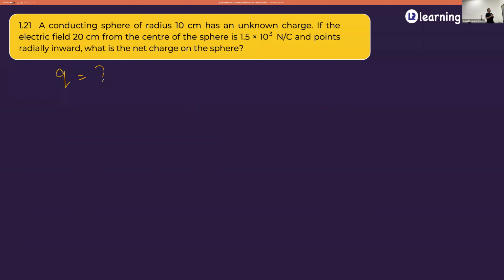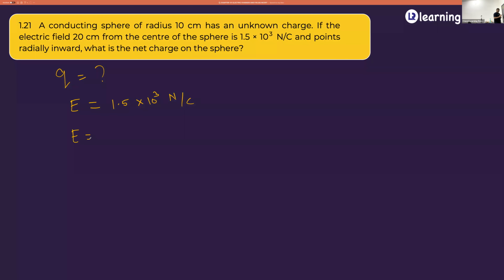If the electric field 20 centimeter from the center of the sphere is found to be 1.5 into 10 power 3 Newton per coulomb and points radially inward, what is the net charge on the sphere?